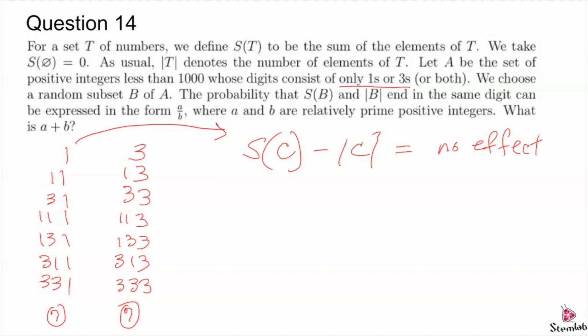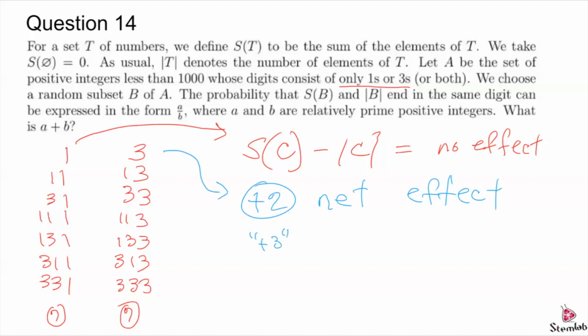For the ones that end in 3, there's a +2 net effect, because the units digit of the sum gets +3, but the count only gets +1.